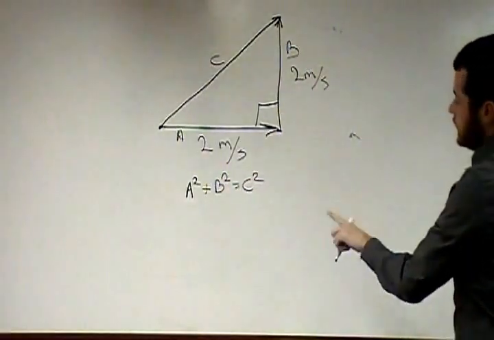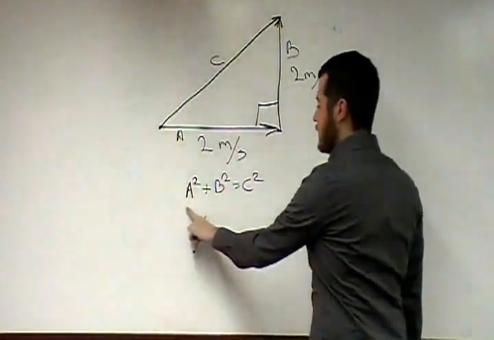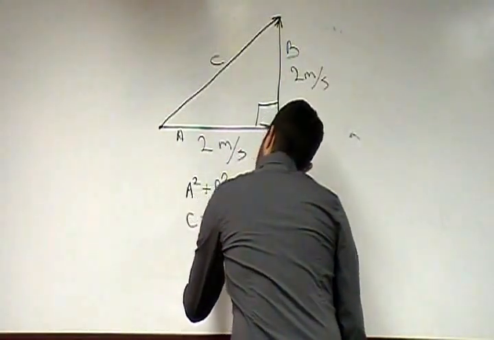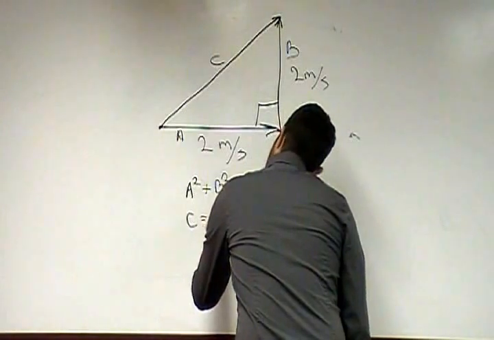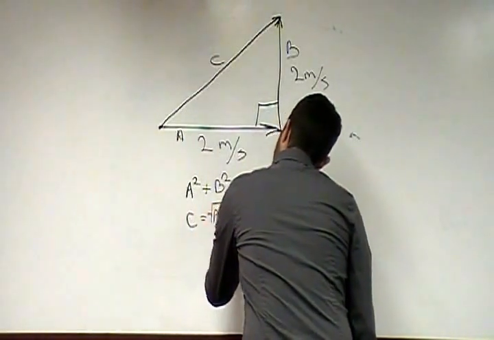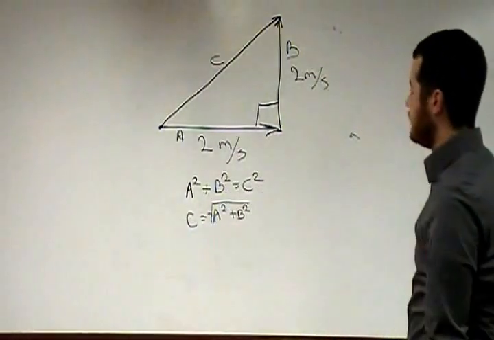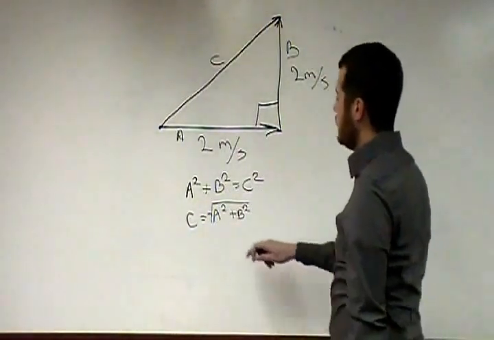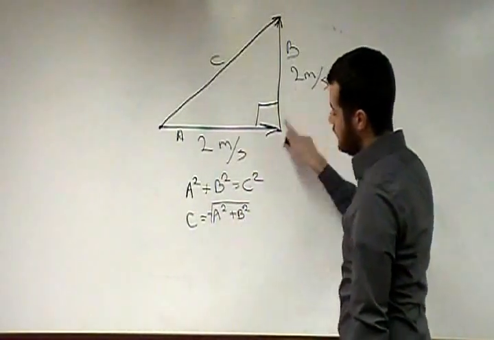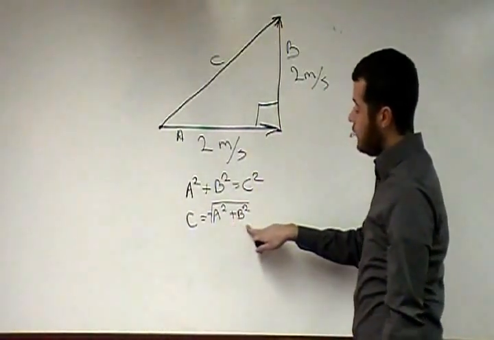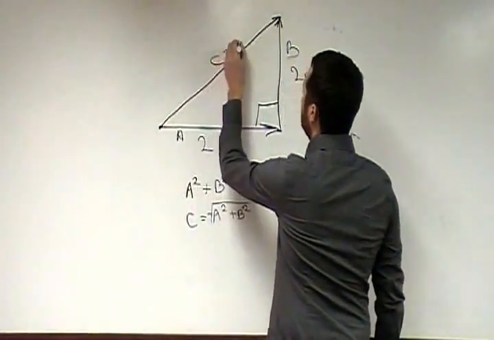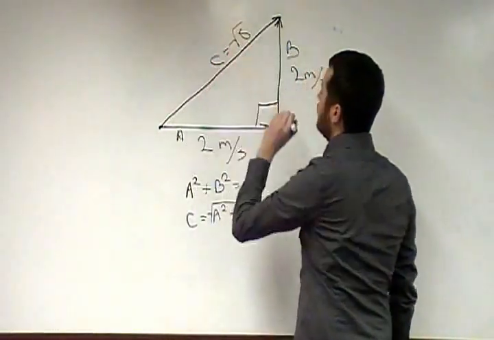Now, if we want to solve for C, we can use simple algebra to rewrite this expression and say that C, the length of side C, is equal to the square root of A squared plus B squared. Now, in this case, we've got A, which is 2. 2 squared is 4. Same thing, 2 squared is 4. 4 plus 4 is 8. So C is actually going to be equal to the square root of 8.